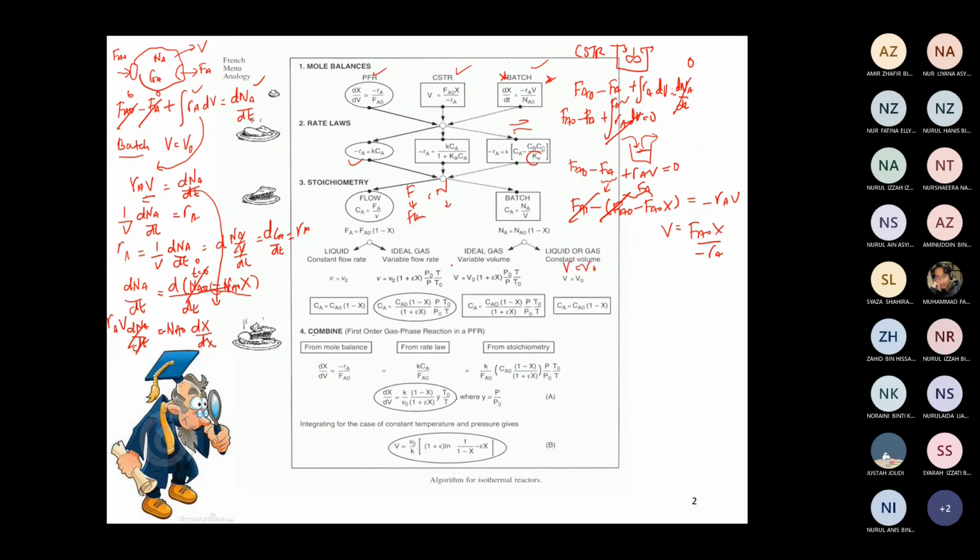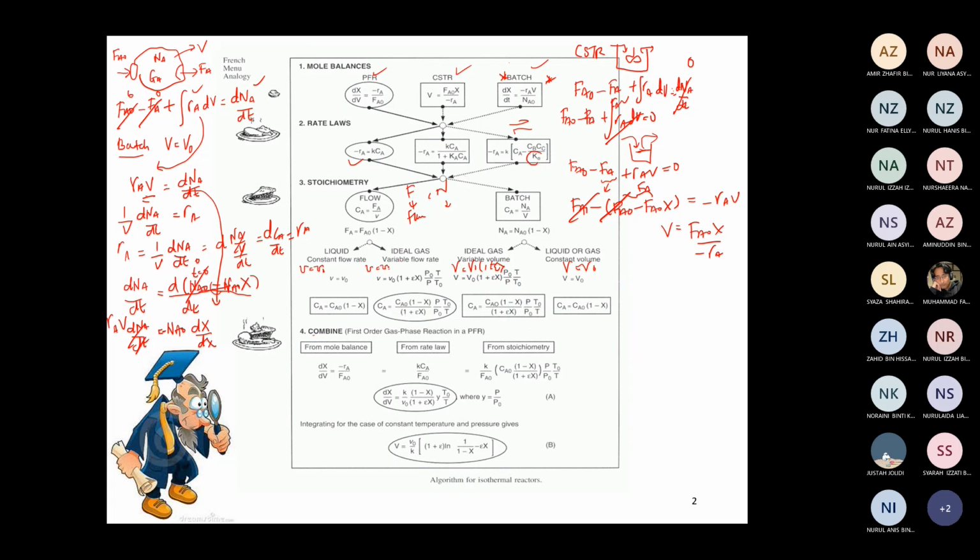Variable volume is V equal to V naught (1 plus epsilon X) and so on. For flow, we also have liquid and ideal gas. For liquid, the constant flow rate, in terms of volumetric flow rate, remains the same throughout the time. For ideal gas, it is the same as the ideal gas variable volume for the batch, except you replace the capital V with the small letter v, the volumetric flow rate.